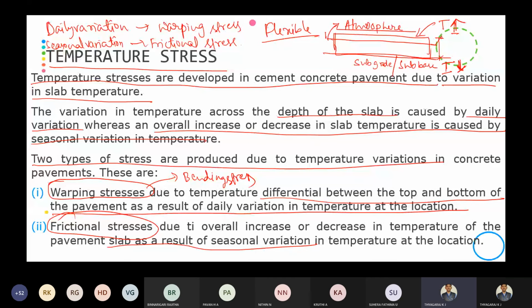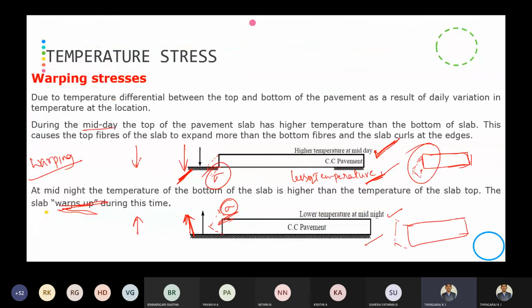During daytime, the temperature is higher at the top and lower at the bottom, so the slab bends downwards. During night time, the temperature is lower at the top and higher at the bottom. That's why the slab bends upwards. So we call this warping up.